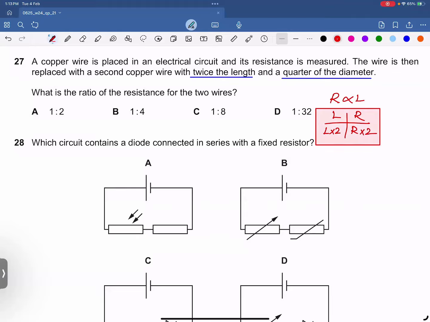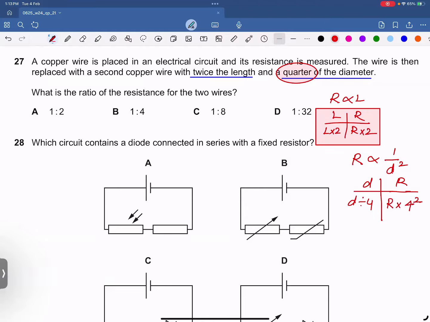Okay, first concept is done. Now diameter. Resistance is inversely proportional to the square of diameter. What does that mean? Here diameter, here resistance. So if diameter is a quarter, so diameter is divided by 4, it means resistance will be multiplied by 4 squared.